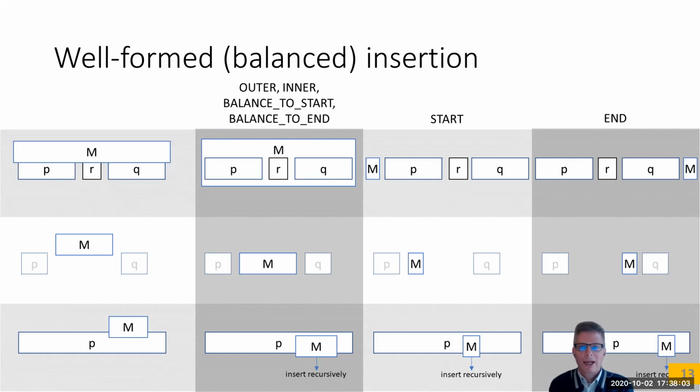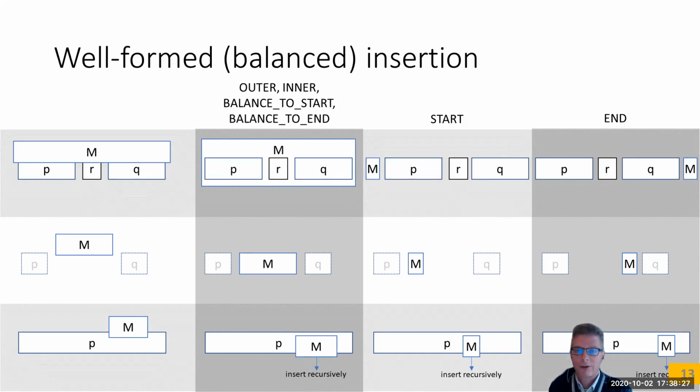First, let's look at what happens when we have well-formed or balanced insertion. And here we want to insert a new element M with start and end positions that lead to a balanced tree, so no balancing is actually needed. And you can see that here in the first row, M contains 1 or more XML elements.